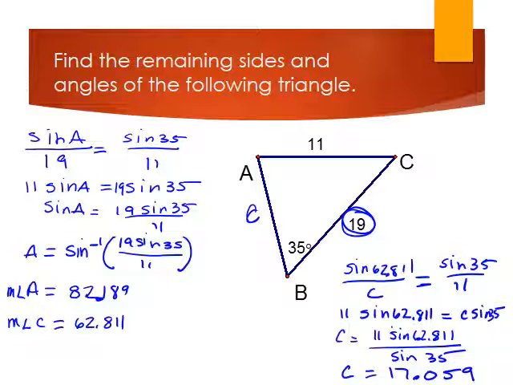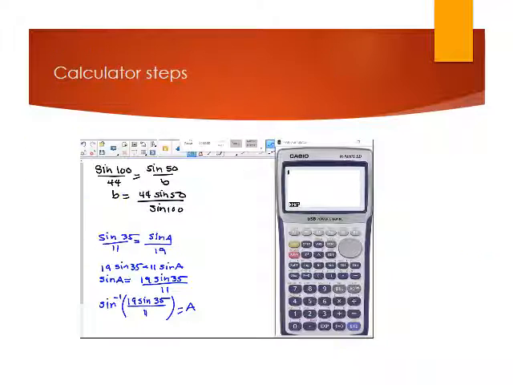So now let's take a look at, okay, let's go over the calculator steps just to make sure that you have them down for solving these problems. I've written out the two different kinds of problems that we're going to have.